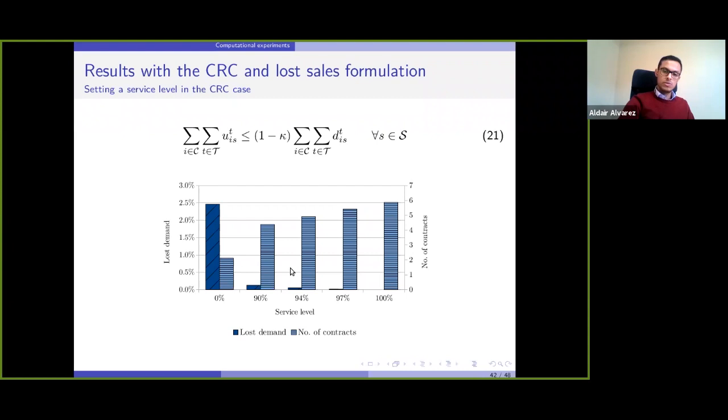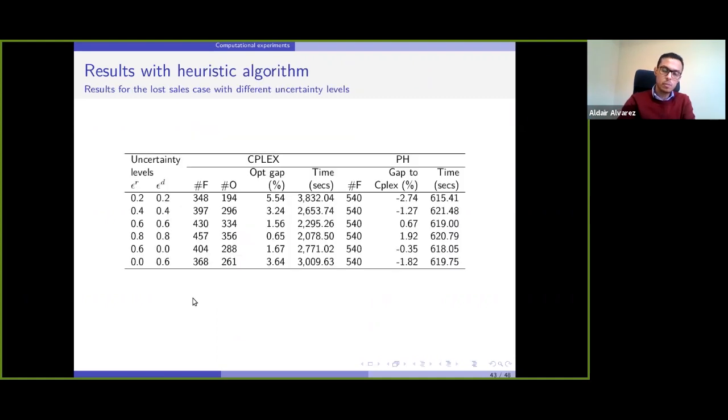But it's important to observe that we don't need to impose a really tight service level to reach a relatively low lost sales proportion here. Of course, for certain scenarios, you will have up to 10% of lost sales, maybe. But on average, the service level is very good already here. So you don't need to go to the extreme of imposing a 97 or 100% service level to reach an average value of lost sales that is relatively low.